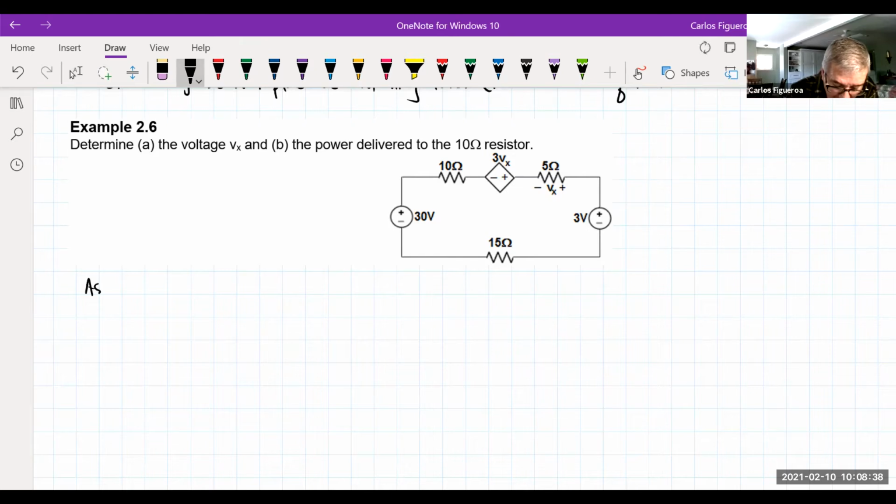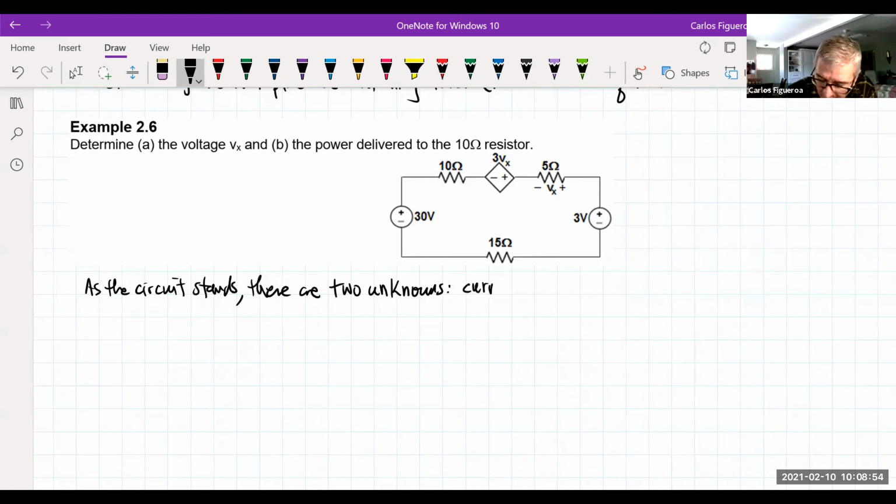So as the circuit stands, there are two unknowns. One is the current I that flows in the circuit and the voltage Vx.